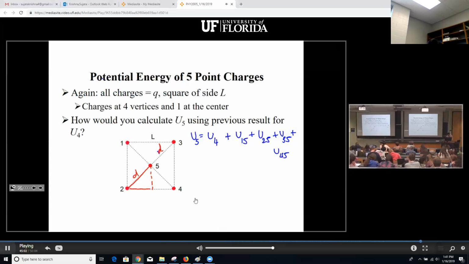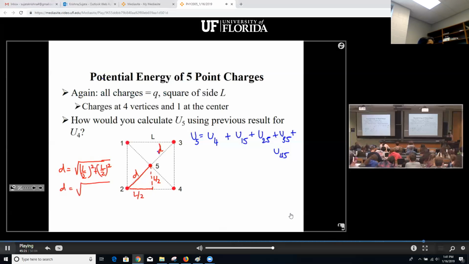And in this red triangle that I've created now, D is the hypotenuse, and each side is half the length. So that's half of this length, and this is half of the vertical length, L over 2. So D squared equals L over 2 squared plus L over 2 squared.